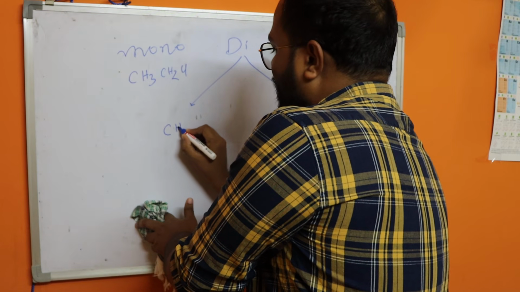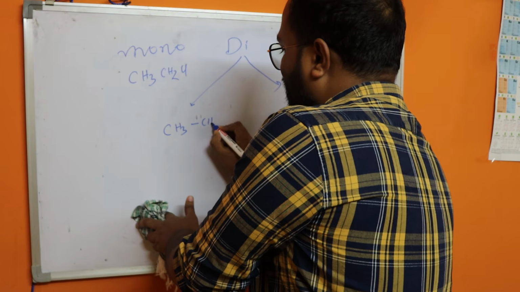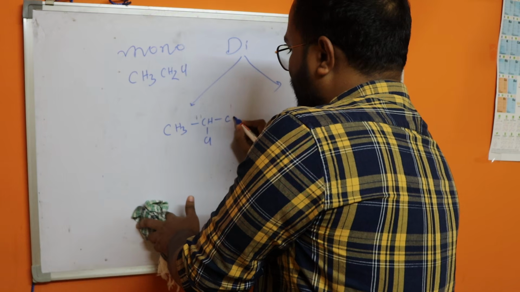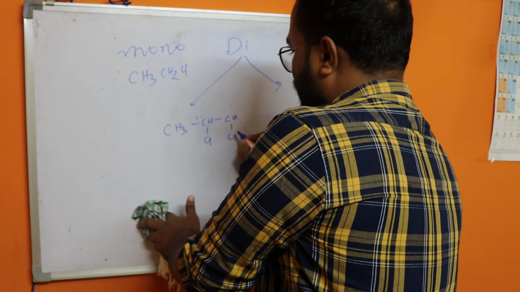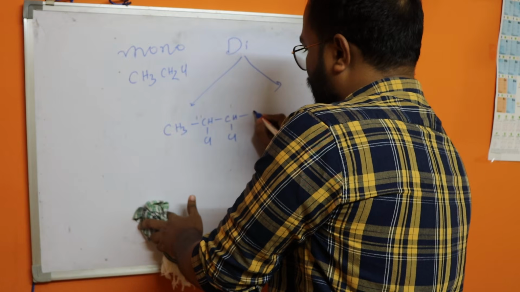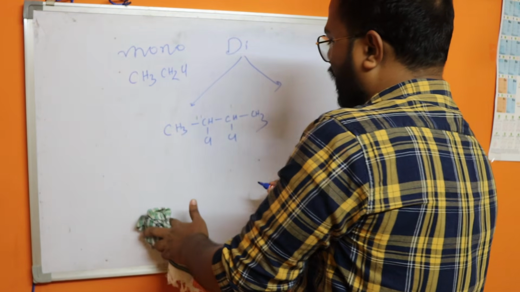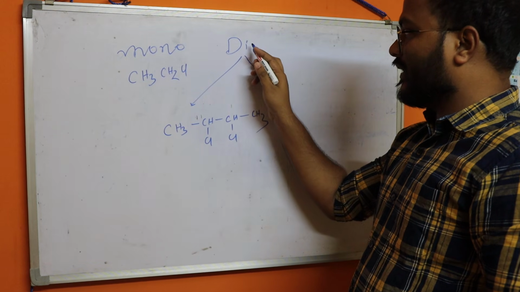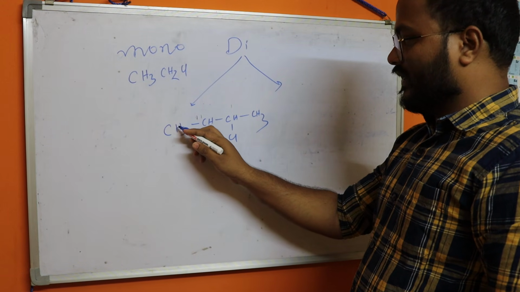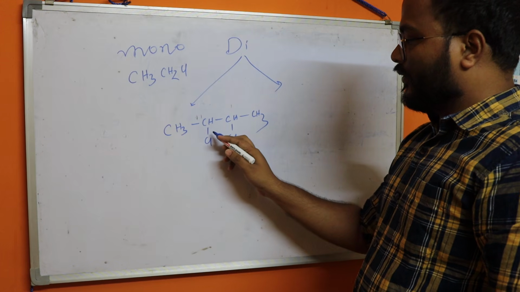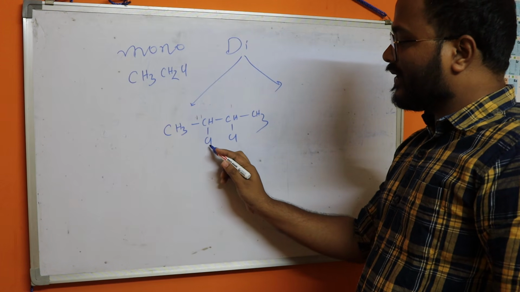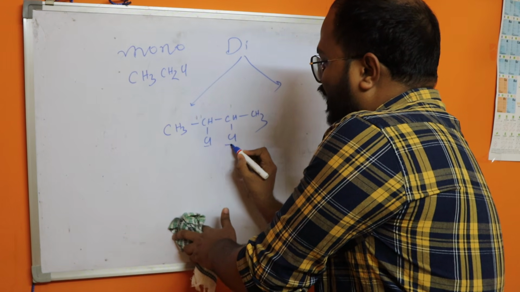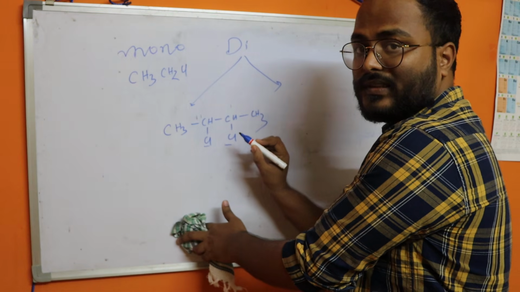Now if you see, this is like that, CH3CH. This is called vicinal chlorines. This comes under the dichloro. This is basically butane, and two chlorines are substituting, but this is called vicinal chlorine because these chlorines are substituting on nearby carbons, right?